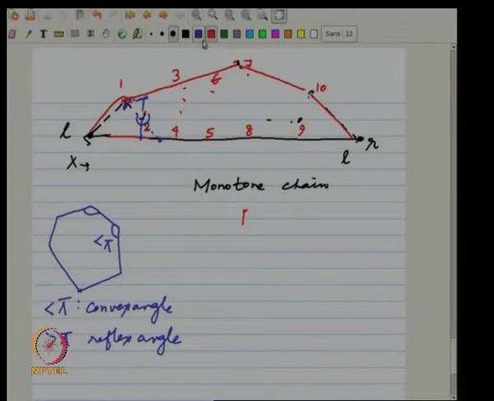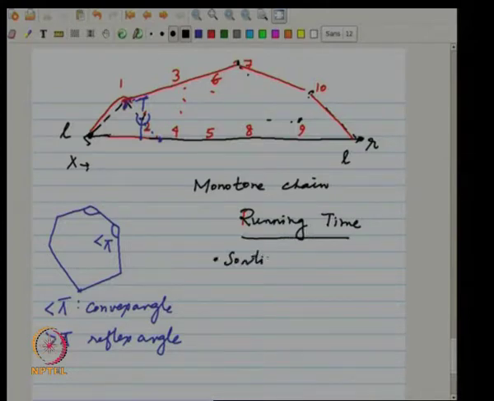So, running time. Sorting is going to cost us something. Let us say there are n points above, n log n. Next, we are doing this scan. So, we are walking, and sometimes deleting points, sometimes adding another point to the chain.